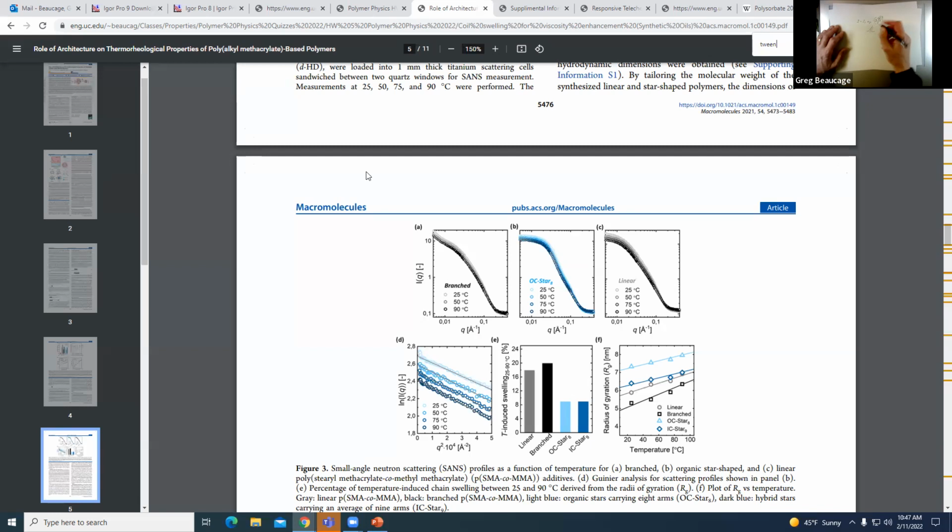Instead, he takes log of I versus Q squared, which linearizes that equation, and from the slope you get Rg squared over 3. That's what he does in the paper.